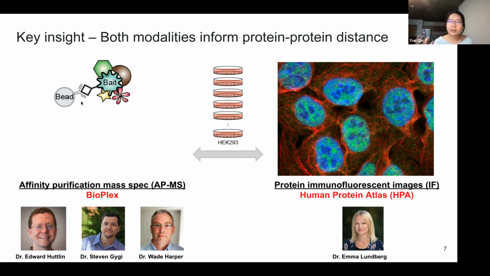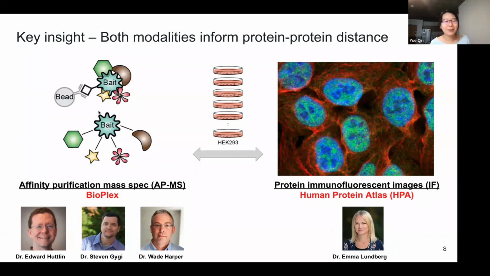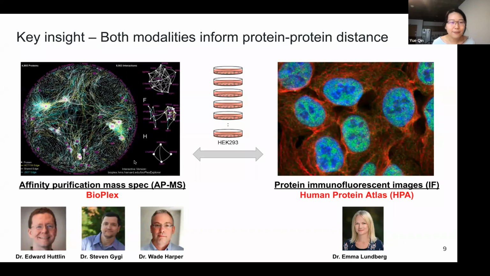By pulling down the bait protein, you at the same time pull down its interactors inside the cell. This is how we construct a mini network of the proteins the bait interacts with, and how you eventually form this massive hairball by pulling down many bait proteins. That's what the Bioplex team did.